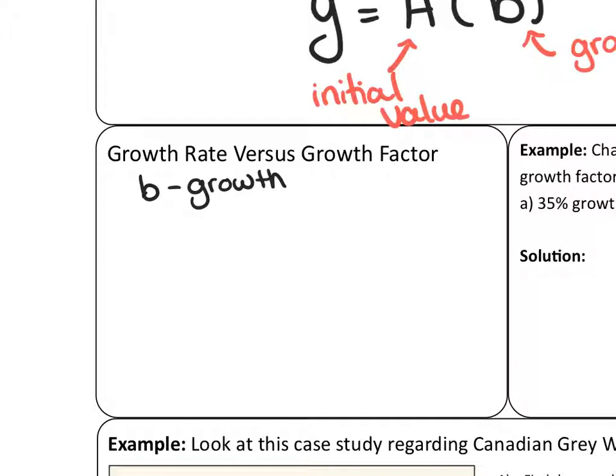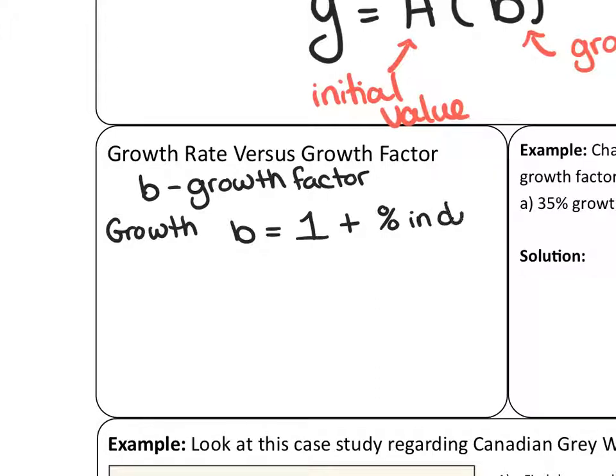If the question gives it to you in a percent, then we need to change it. So for growth, b is actually equal to 1 plus the percent in decimal form.